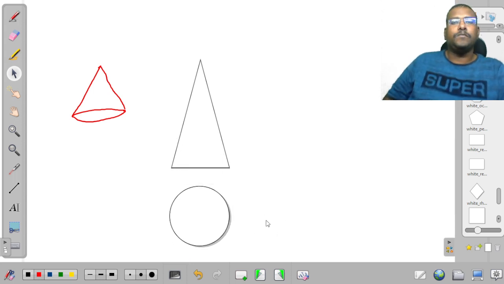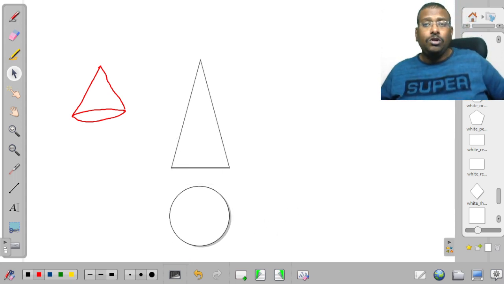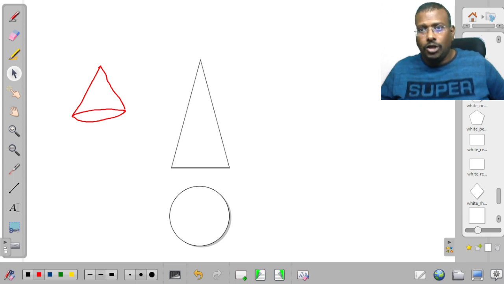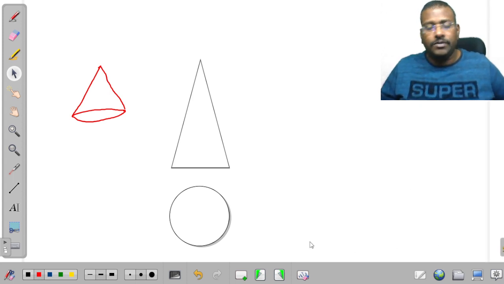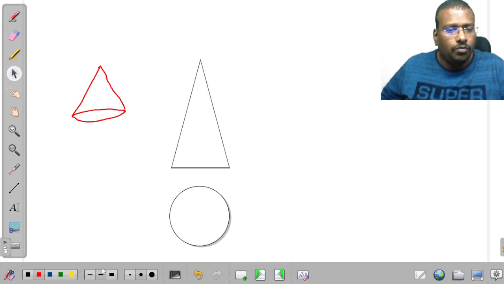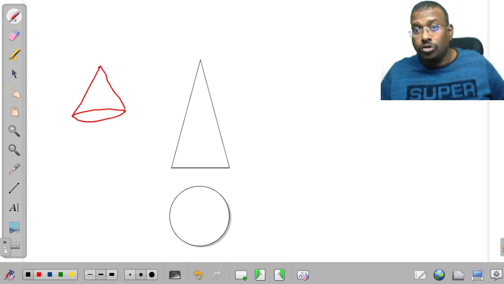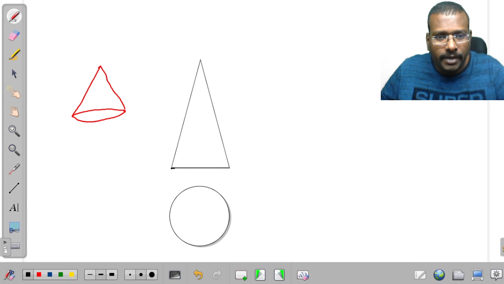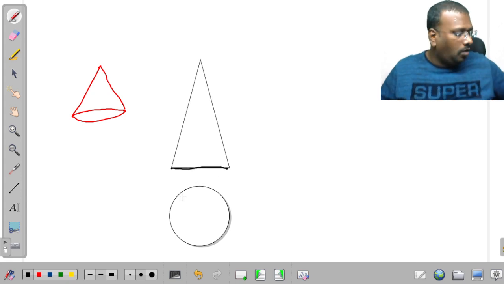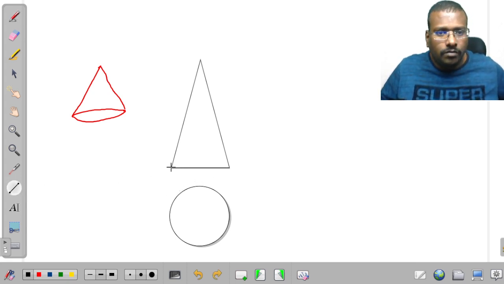This is the case, but we won't use the direct cone for the representation. So here we will cut this particular cone parallel to the base. This is the base of the cone and we are going to cut this cone parallel to it.